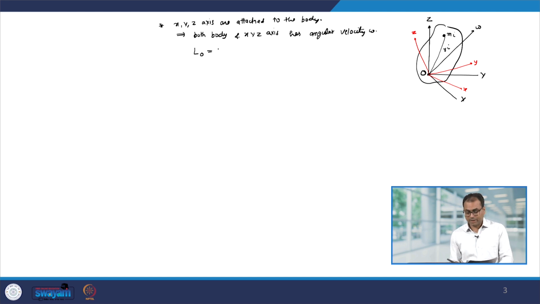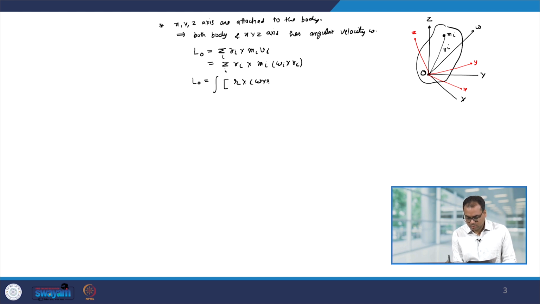Well, again it is the moment of momentum. So, sum over i ri cross mi vi, and vi is omega cross ri. So, I can write sum over i ri cross mi omega cross ri. And of course, I can write this in the integral form, so this is the integral of r cross omega cross r dm.